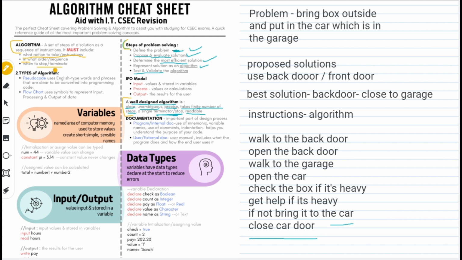Think about a problem you're solving. First, I need to tell you what the problem is. Then I need to come up with solutions. Once I've come up with solutions, what is the best solution? I pick out the best solution. And then I write an algorithm for that solution. Then I test and validate it. So you just need to understand, all right?